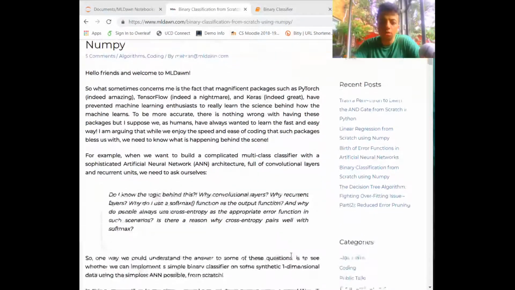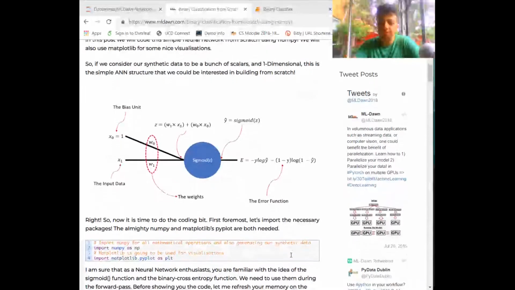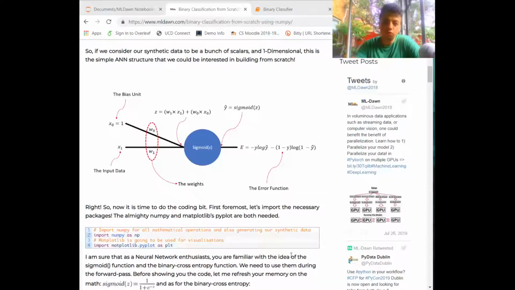So this is the neural network that we decided to implement. We said that our input data is one-dimensional. We have one bias unit over here, x0, and we got two weights, w0, w1, and then z is the linear combination of your inputs.